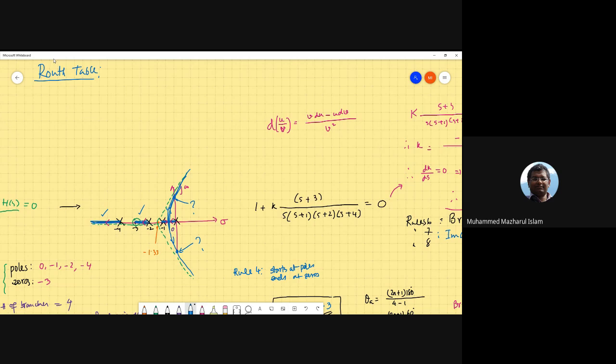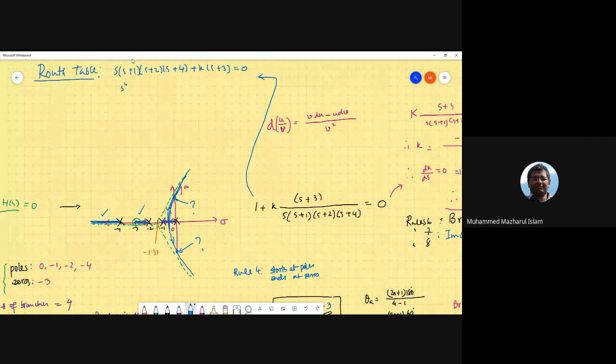Again, the starting point will be our characteristic equation 1 plus kGH equals 0. For this system, we need to make a cross multiplication. So we start from the characteristic equation plus k into s plus 3 equals 0.